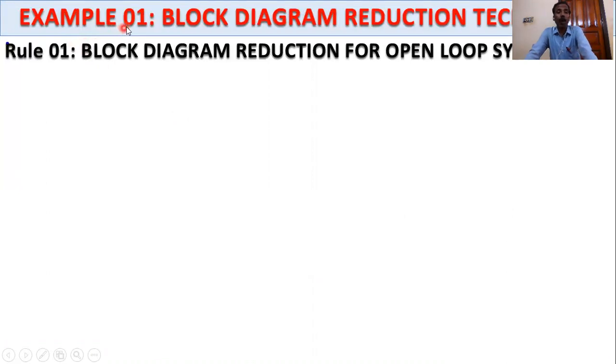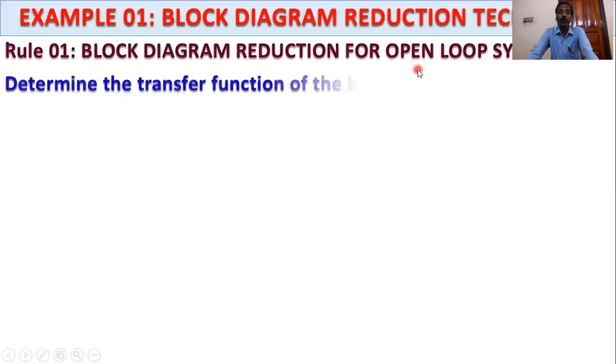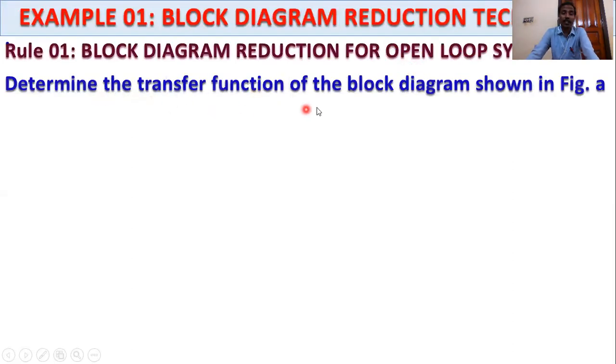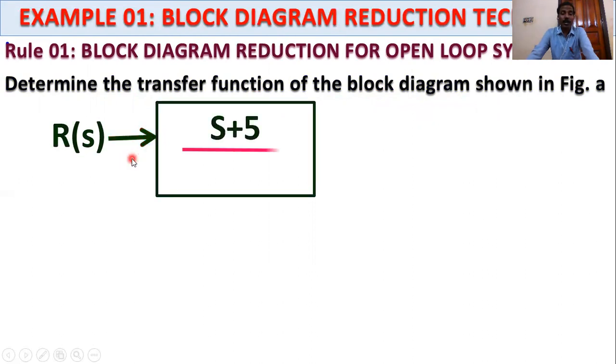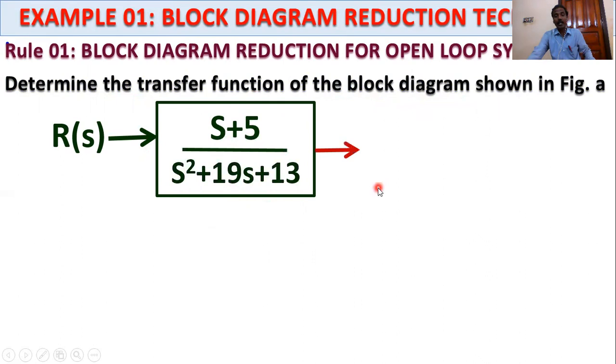Then example 1, block diagram reduction technique. Example 1, block diagram reduction for open loop systems. Determine the transfer function of the block diagram shown in figure A. R of S is the reference input, and the system gain is (S plus 5) by (S square plus 19S plus 13), and C of S is the controlled output.